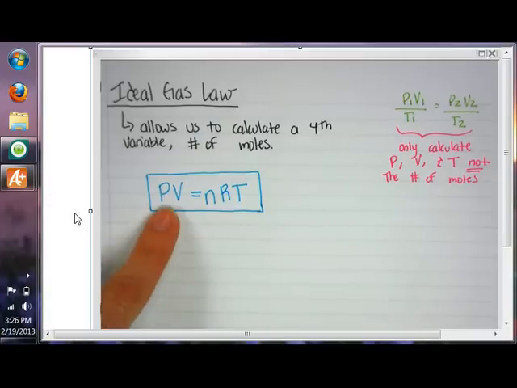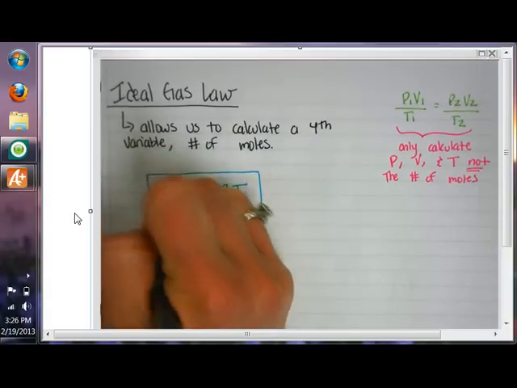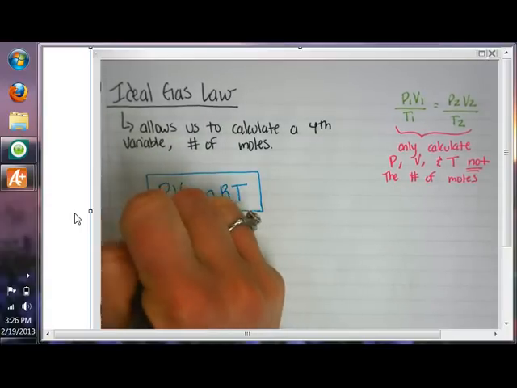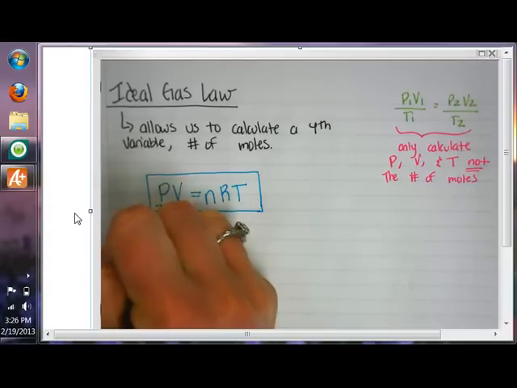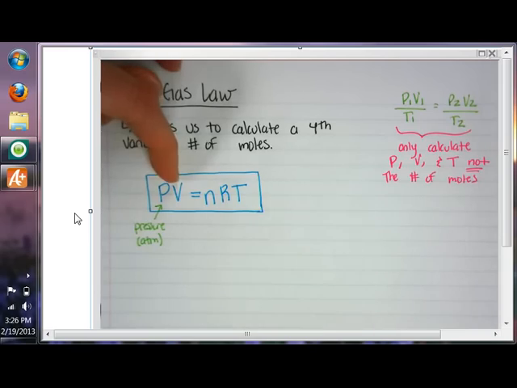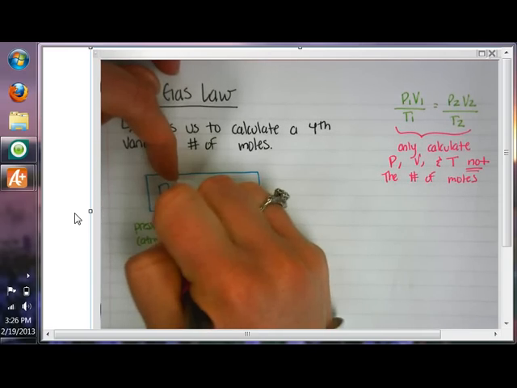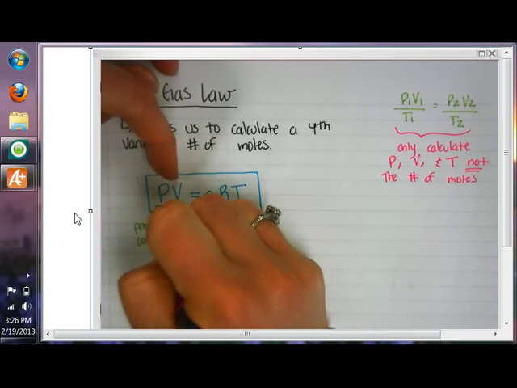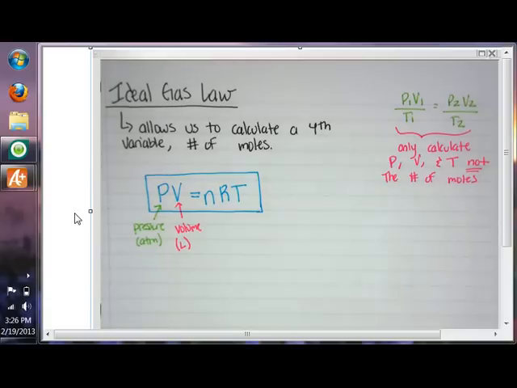Now let's go ahead and label what each of these means. P obviously stands for pressure, and pressure needs to be in ATM, in atmospheres. We've got V, and V stands for volume, and volume needs to be in liters.